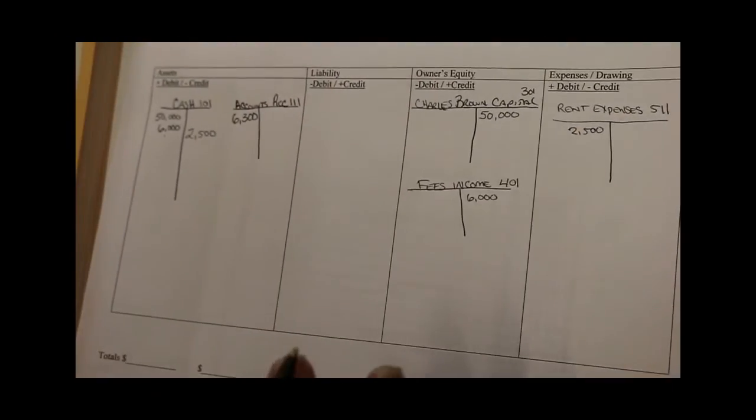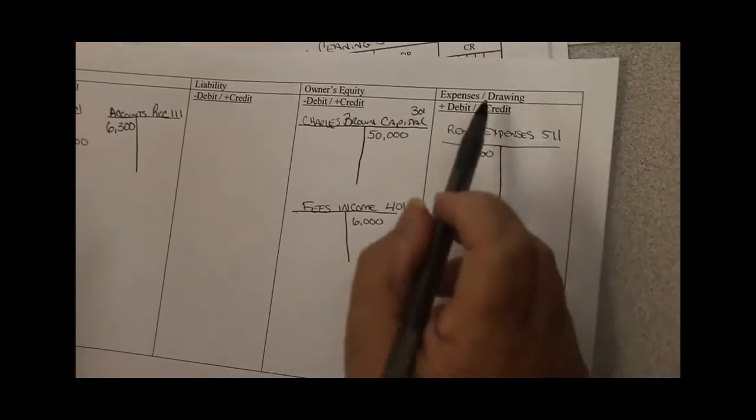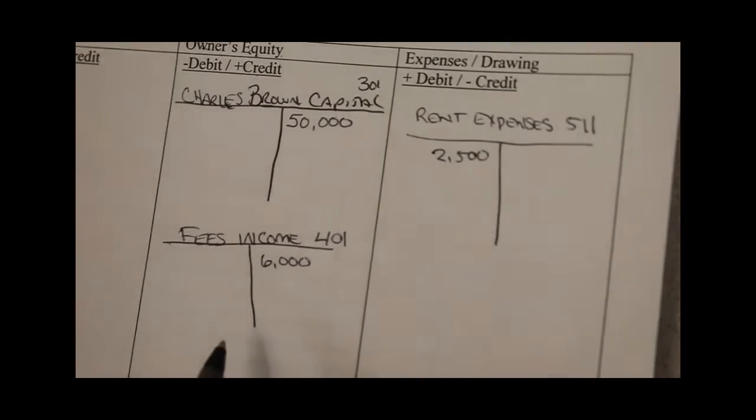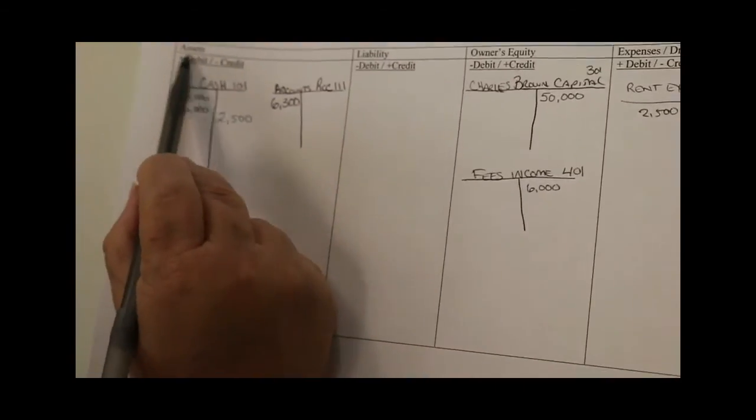Okay? All right. What other account gets affected? Now, if you said income, then you are correct. Even though we don't have the money yet, it goes into accounts receivable, it's still an asset.